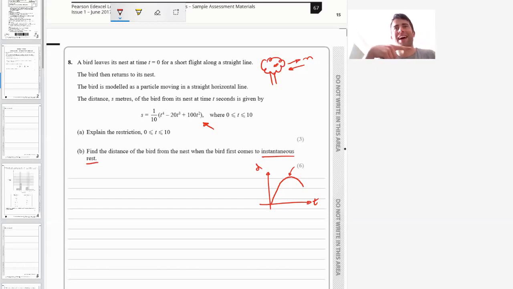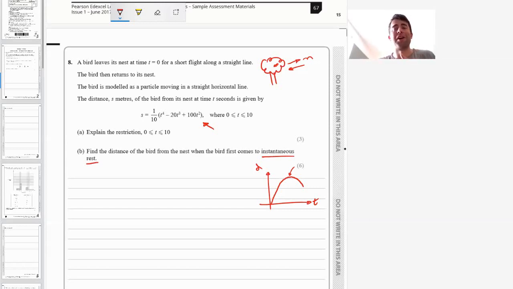So you might interpret that as when the bird goes out and the point at which it turns back. Because if its velocity is going from positive to negative, then it must be zero at some point in between. On the graph, it's where the graph has gradient 0.